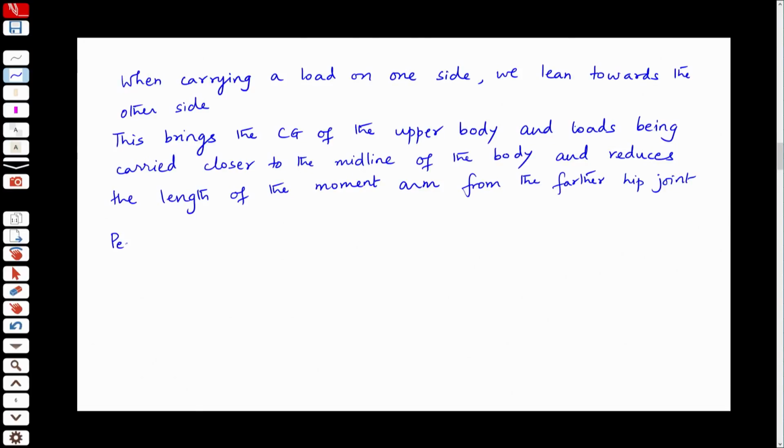So, people with weak abductor muscles, hip abductor muscles and or painful hip joints, how do they walk? They lean towards the weaker side.